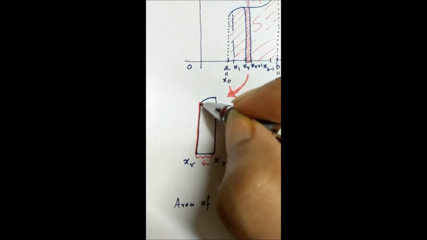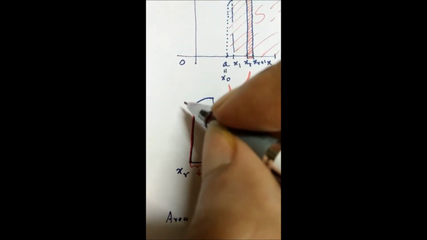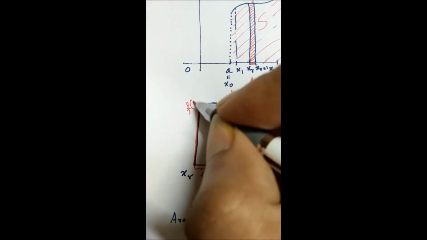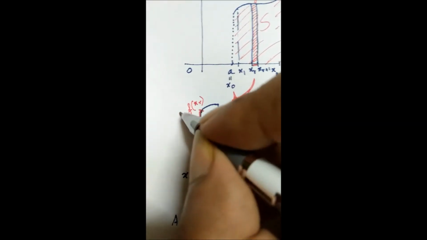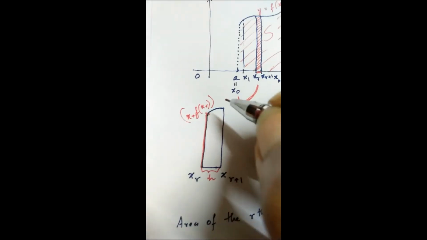Now, what would be the y coordinate of this point? Obviously, this point, the x coordinate is xr, and this is a part of the curve y equals f of x. So the y coordinate will be f of xr. So this point will be xr comma f of xr.